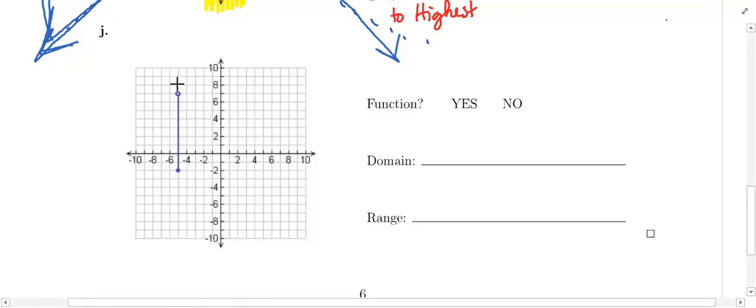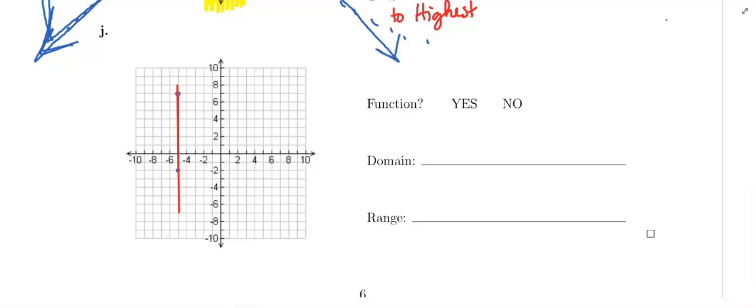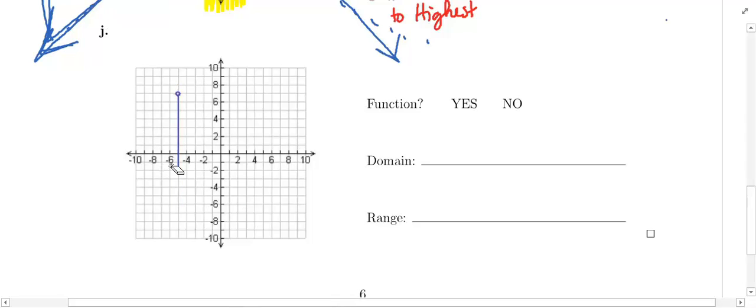So let me try that again with no eraser. Here we go. It's going to fail the vertical line test if you draw the vertical line on top of the vertical line itself. Another way you can see this, if you look at points on this graph and look at their coordinates: this is (-5, 0), this is (-5, 3), this is (-5, 6), this point is (-5, -2).